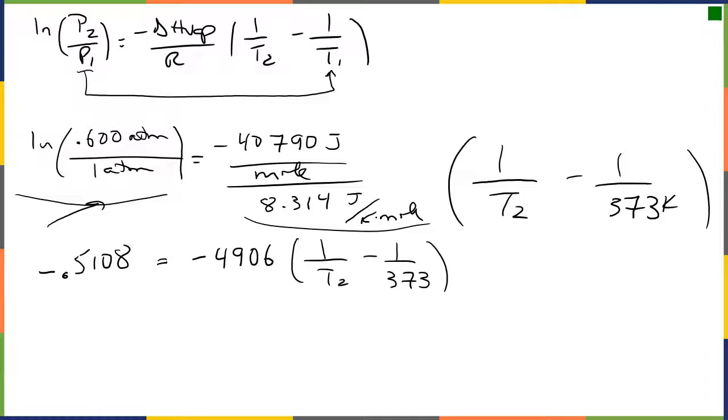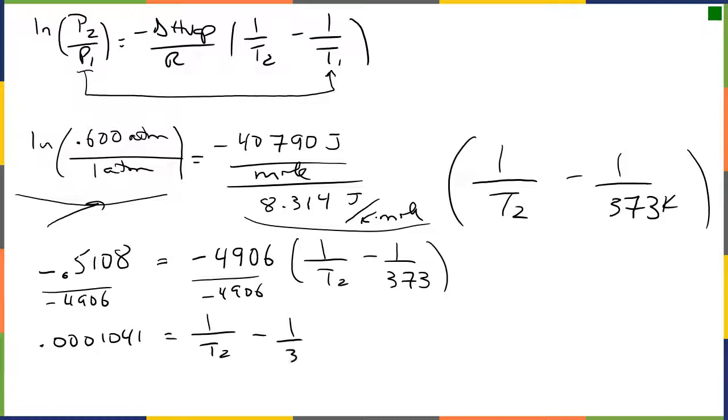We can combine like terms now. We can divide both sides by the minus 4906. And when we do this, we're going to have 0.0001041 is equal to 1 over T2 minus 1 over 373. We have to isolate 1 over T2, so we're going to add 1 over 373 to both sides.